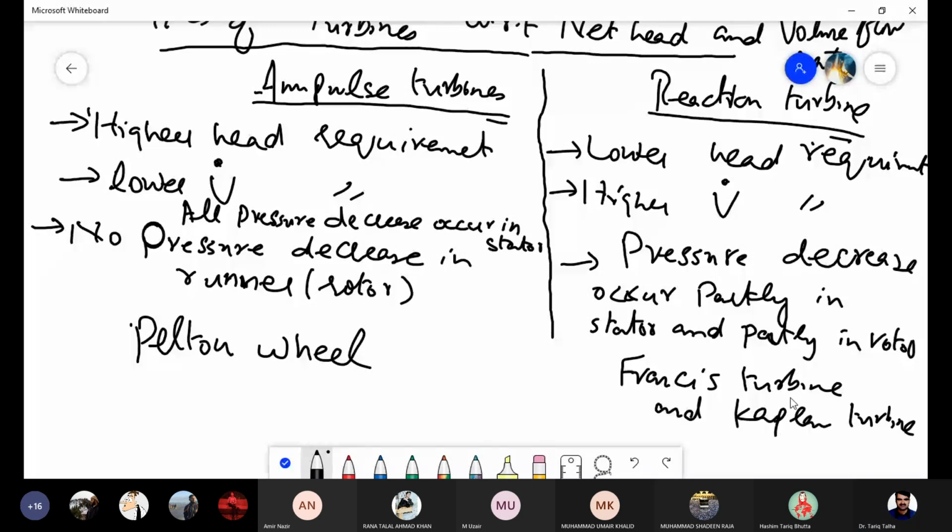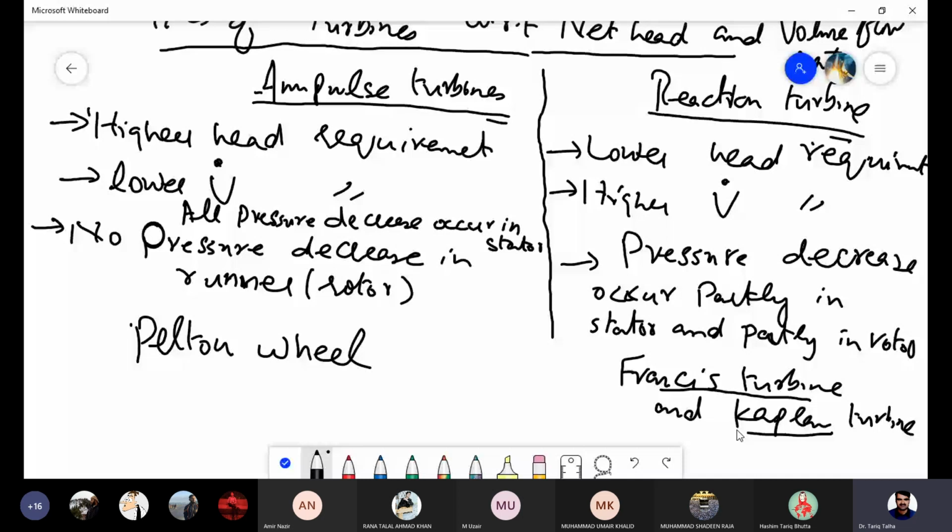Francis turbine is usually used in dams like the Tarbela Dam, Mangla Dam. So these kinds of dams usually use a reaction turbine for the operation.